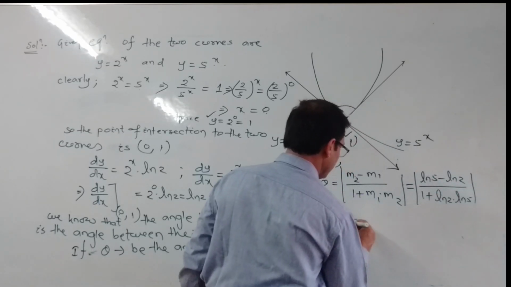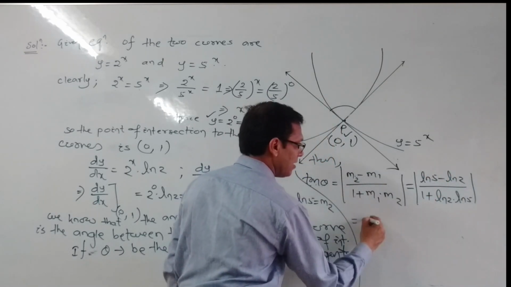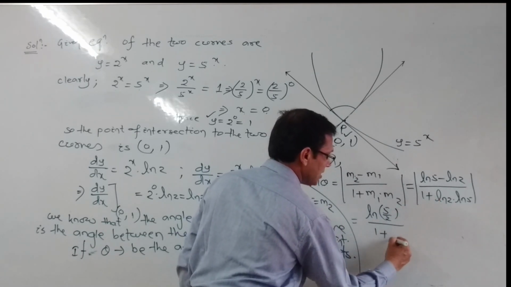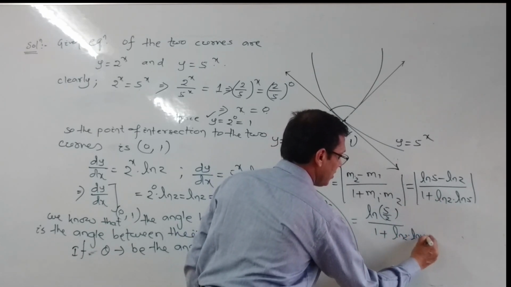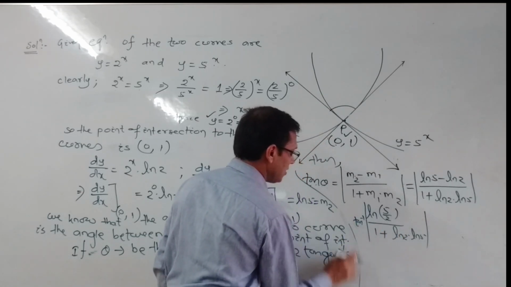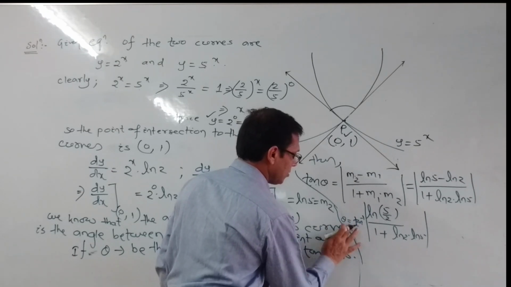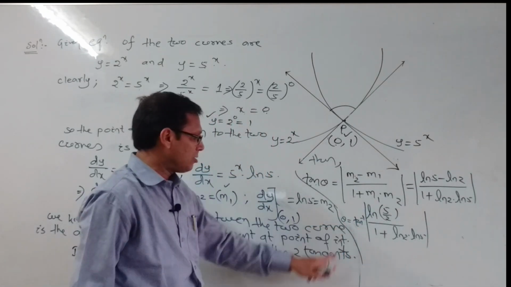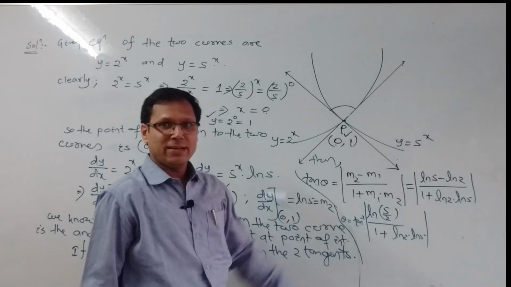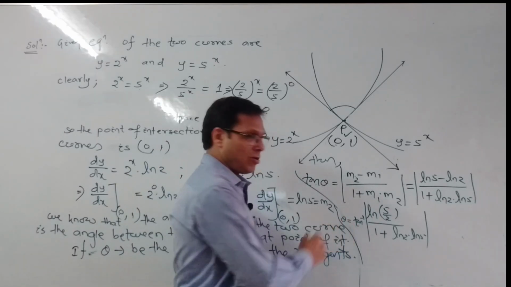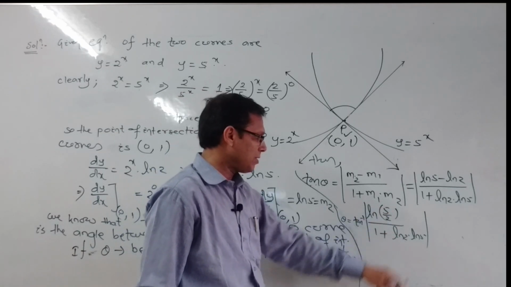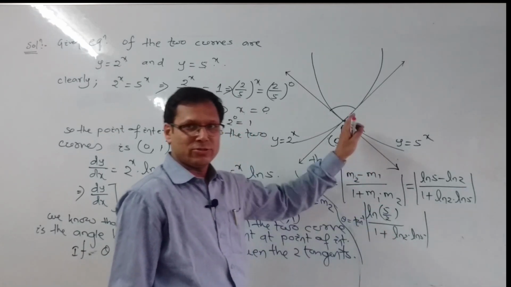Since log m minus log n is log(m/n), this is ln(5/2)/(1 + ln 2 · ln 5). So θ = tan⁻¹ of this, and θ is the angle between the two tangents, which is the angle between the two curves. He is asking us to prove that the two curves intersect at an angle tan⁻¹[ln(5/2)/(1 + ln 2 · ln 5)]. So we have just proved it.